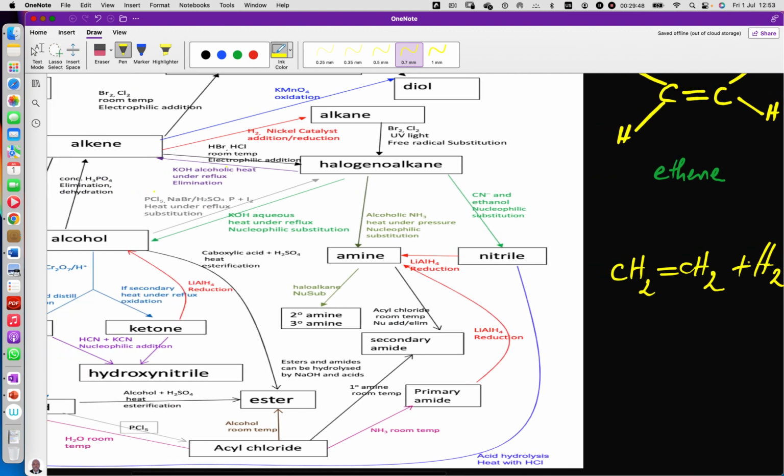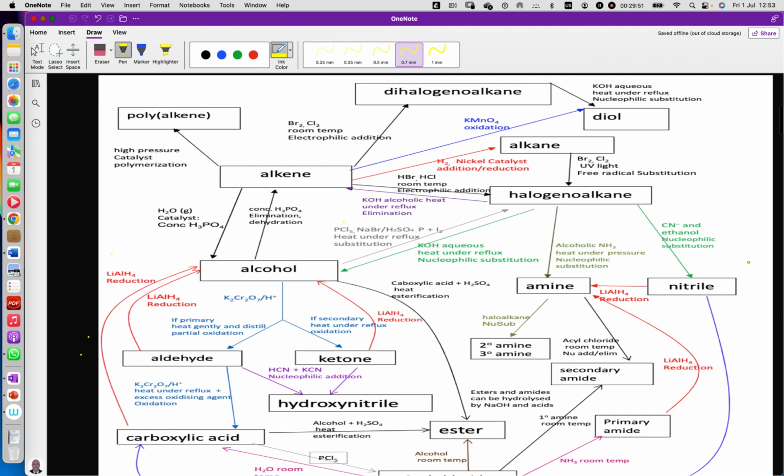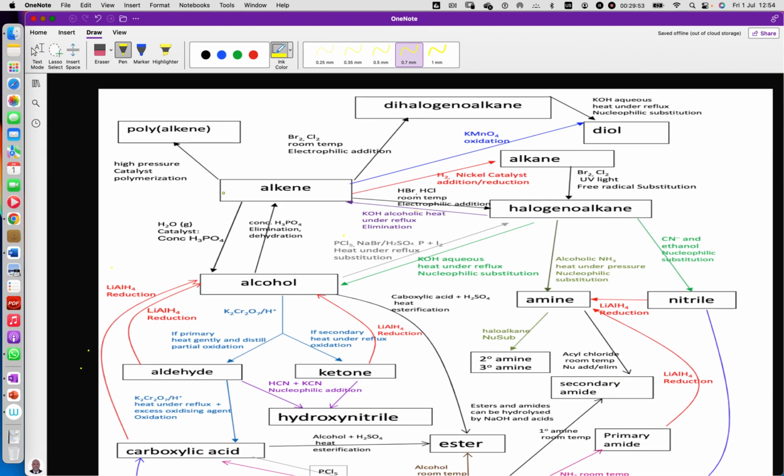Now again, alkene undergoes another type of reaction at high pressure with a catalyst: polymerization. It should be remembered that alkene undergoes what we call addition polymerization. With addition polymerization, alkene can form many polymers.